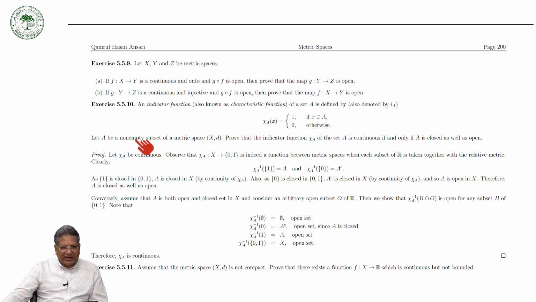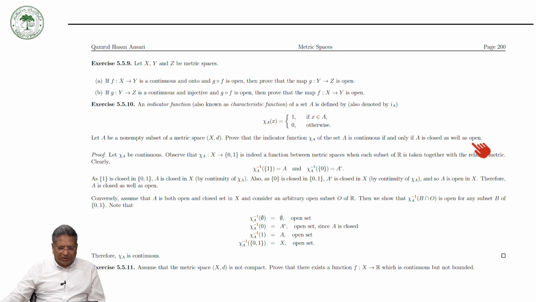Then if A is a subset of a metric space, the indicator function of the set A is continuous if and only if A is closed as well as open. This you can see very easily, it is not very difficult.